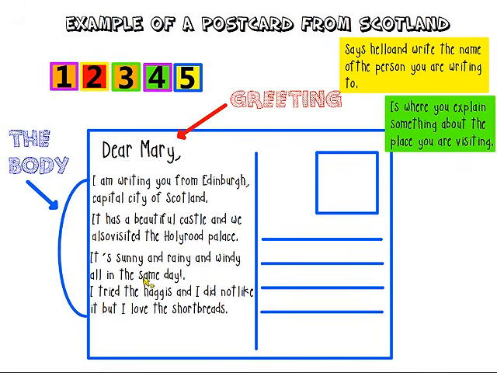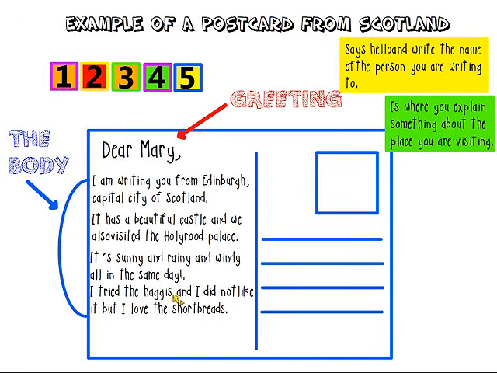Also, it is sunny and rainy and windy all in the same day. So they're telling us that the weather in Scotland is very changeable. It changes a lot. And you have to take an umbrella and then take off your coat because it's sunny. And I tried the haggis and I did not like it, but I loved the shortbread. So here in the last sentence, the writer is telling us about the food in Scotland.